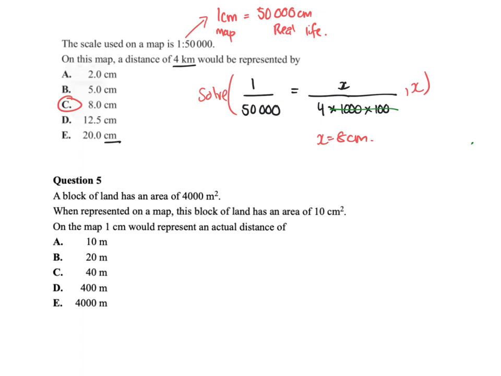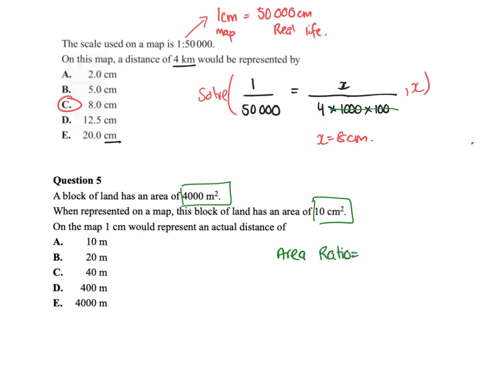It says a block of land has an area of 4,000 square meters. This is represented as a block of land on the map as 10 centimeters squared. On the map, 1 centimeter would equal... So what they've actually given you is an area ratio.